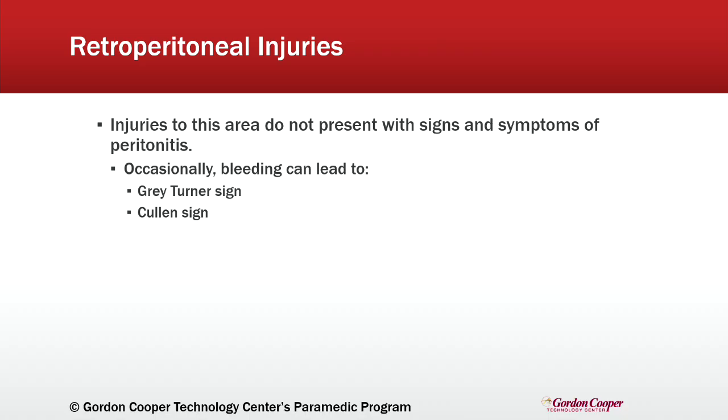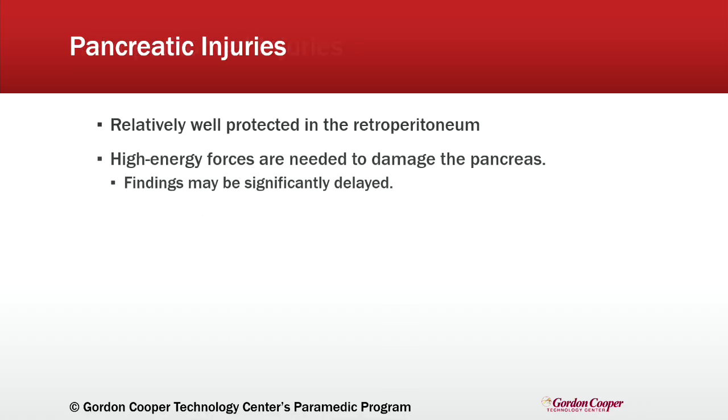A Grey Turner sign is bruising in the flanks, and Cullen sign is a bruise around the umbilicus, or the belly button. Because the pancreas is well protected in the retroperitoneum, high energy forces, most often penetrating trauma, are needed to cause an injury to the pancreas.